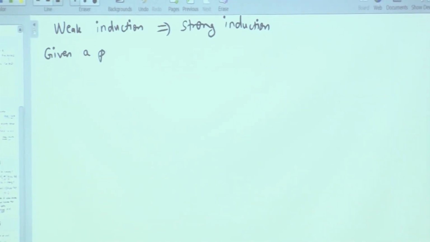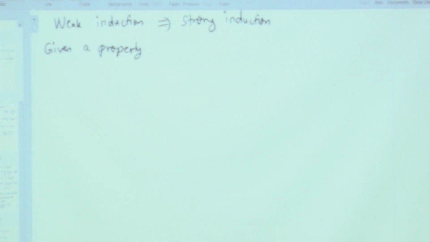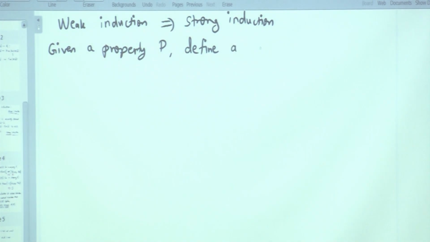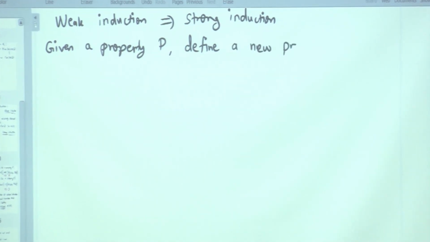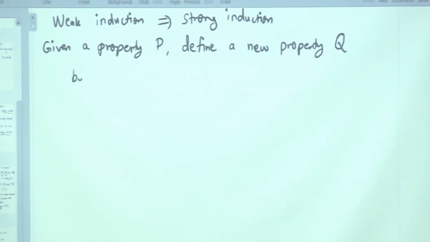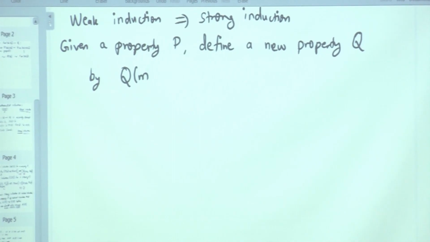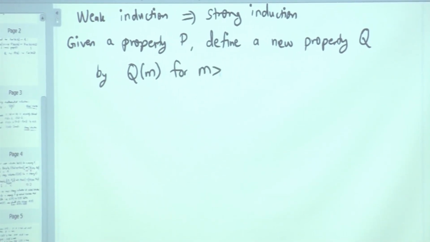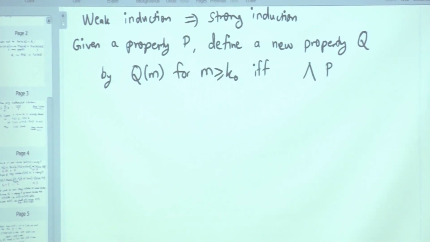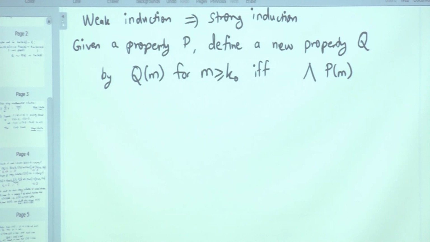So given a property P, define a new property Q by Q of M for M bigger equal K0 if and only if the conjunction Pj, K0 less equal J less equal M.